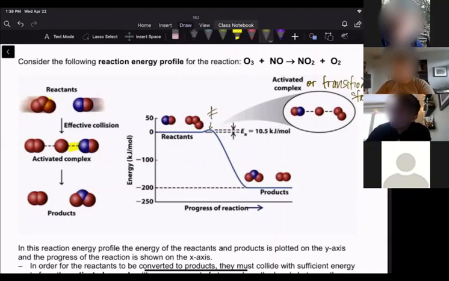The top of that barrier is sort of half breaking and half forming the bond. If it has just enough energy to break the bond and it's in the right orientation, it could go back to reactants or it could go to products. And so we'll look at the rates. How often do they go to products? It turns out that orientation effect really slows the rate down. It's a huge factor in there.